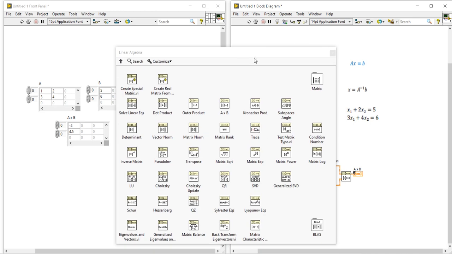Another function is given here, the Solve Linear Equation VI.